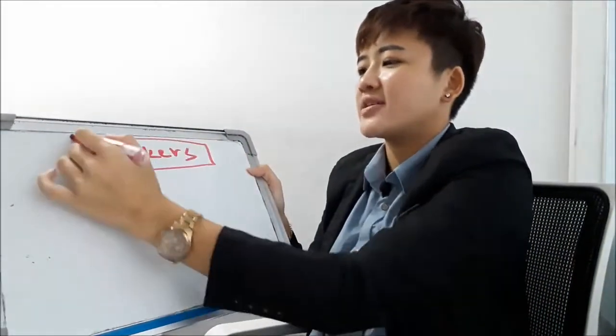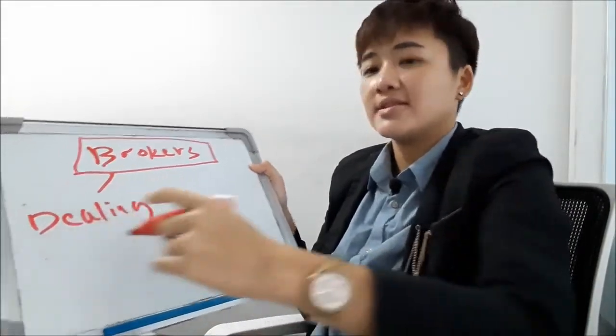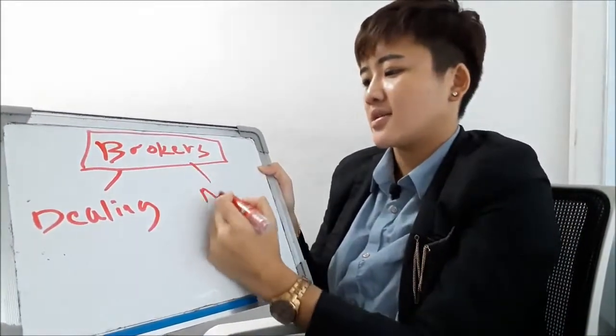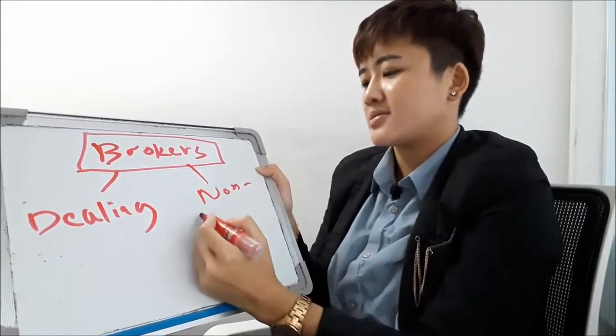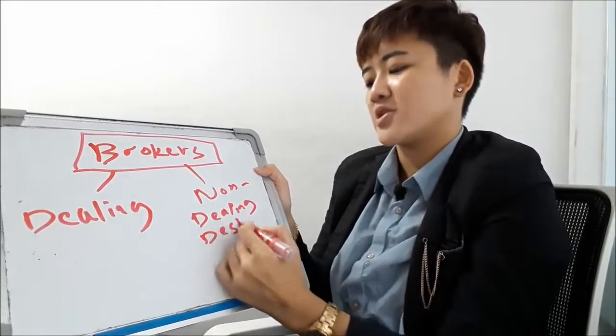To participate in the Forex market as a retail trader, as a retail investor, you will need to have a broker. So basically there are 3 main types of brokers, okay? If you really classify it, you have one which has a dealing desk and the other one which operates in a non-dealing desk business model.